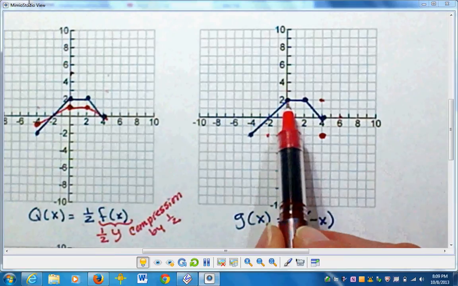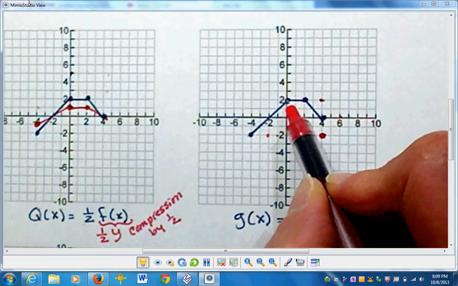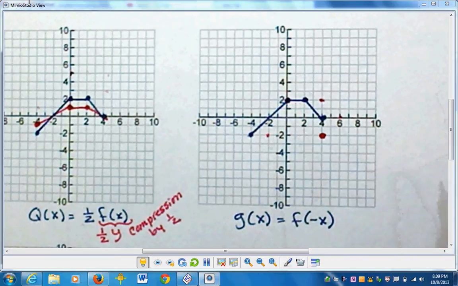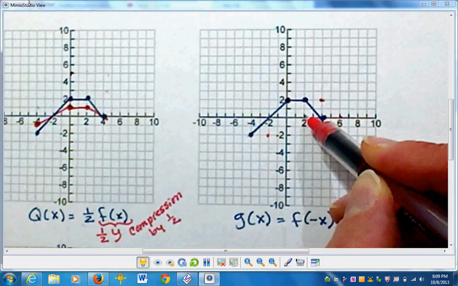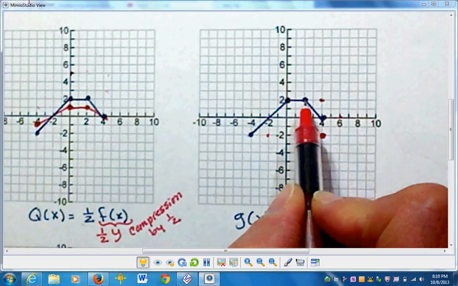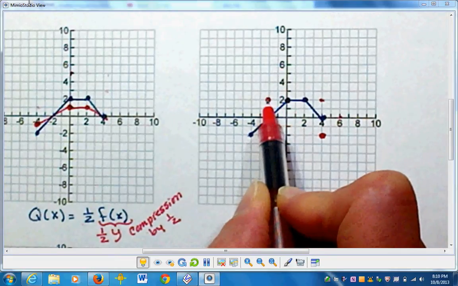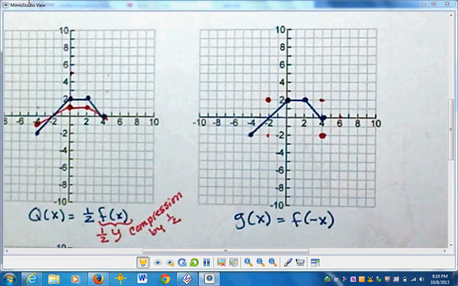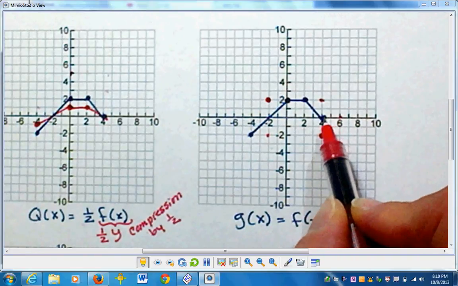This here, my x value, remember we're talking about x value, is 0. So that's going to stay the same. Here, my x value is 2. So I'm going to have -2, which means that point is going to move over to here. Notice it's keeping my y value. My y value is not changing. And here, I have my x values at 4.